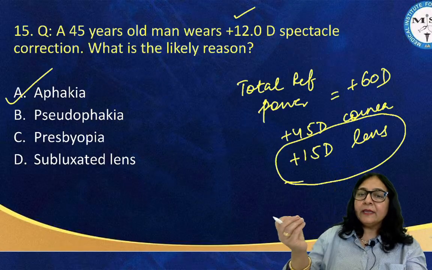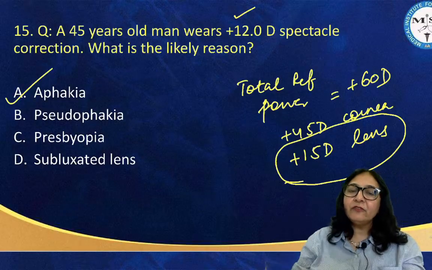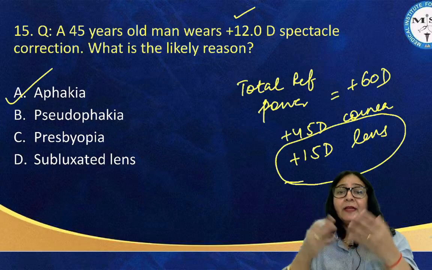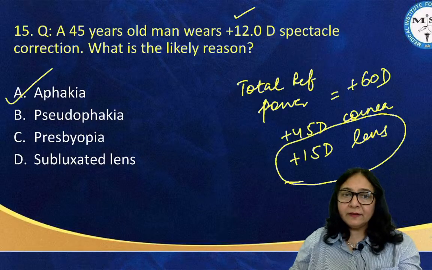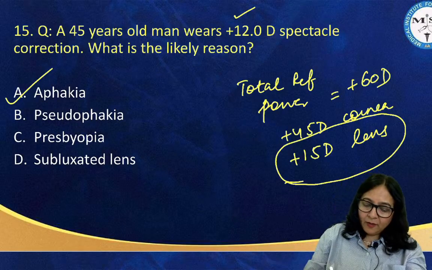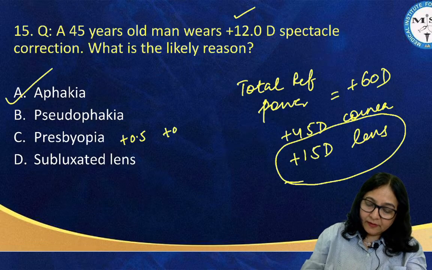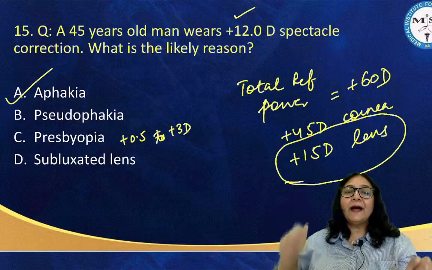In pseudophakia, you are implanting a lens which is going to correct the distance vision for the patient. लेंस पावर निकालते हैं ना मायोल फार्मूला से, SRK-T formula etc. So because you are implanting the power lens there. Presbyopia, most of the time the range is between 0.5 to 3 diopter is the correction which is usually needed to correct the presbyopia, not such a high glasses.